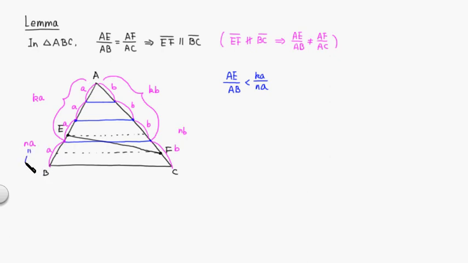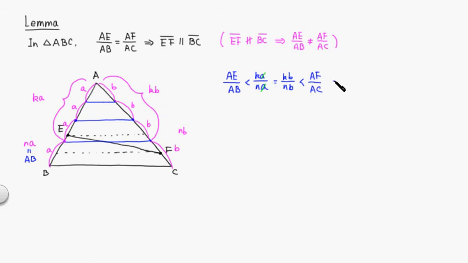So we can cancel A out, and this is the same thing as K over N, which is the same thing as KB over NB, multiplying top and bottom by B, right? But you can see that KB is shorter than AF, and NB is exactly the same as AC. So you can see that AE over AB is strictly less than AF over AC.